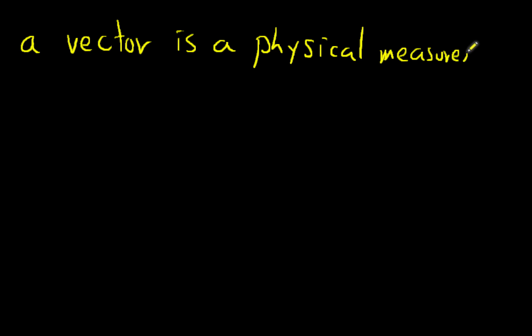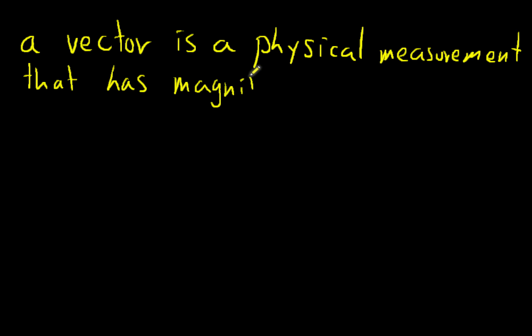A vector is a physical measurement with magnitude, which is another way of saying the number that goes with the vector, or the amount, and direction.